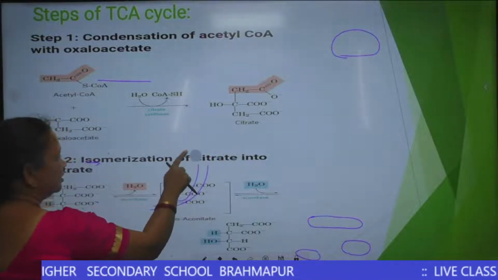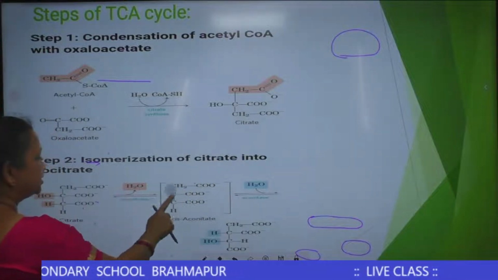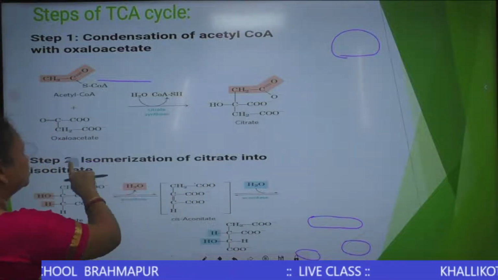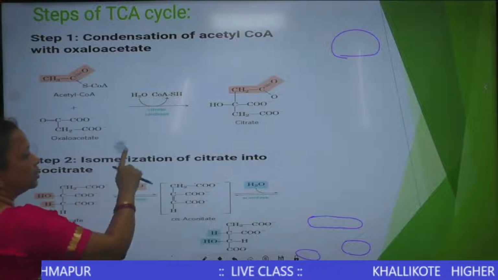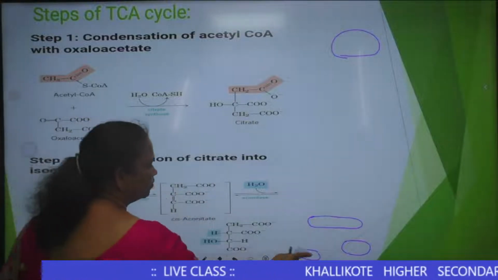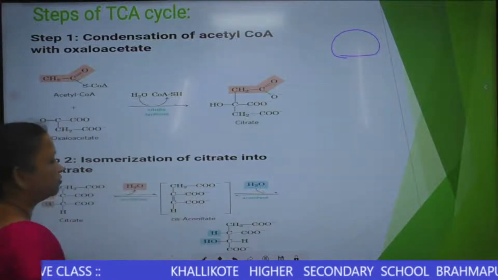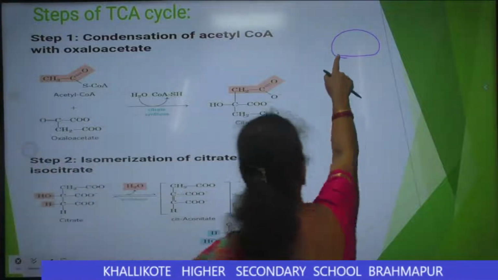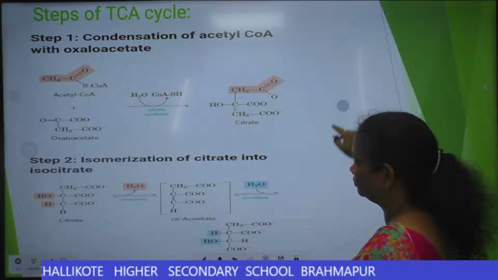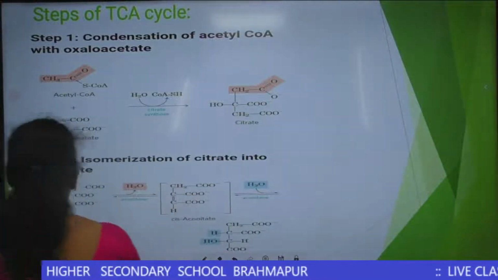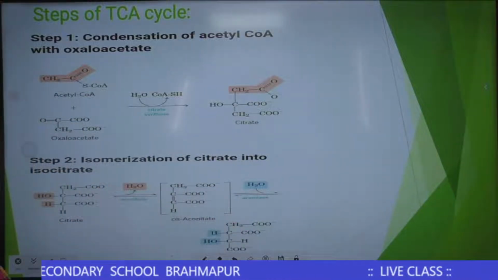Acetyl coenzyme A, as we see, is a 2-carbon compound. The acetyl coenzyme A was formed from pyruvate molecule, and the next compound that we will take into account is 4-carbon oxaloacetate.